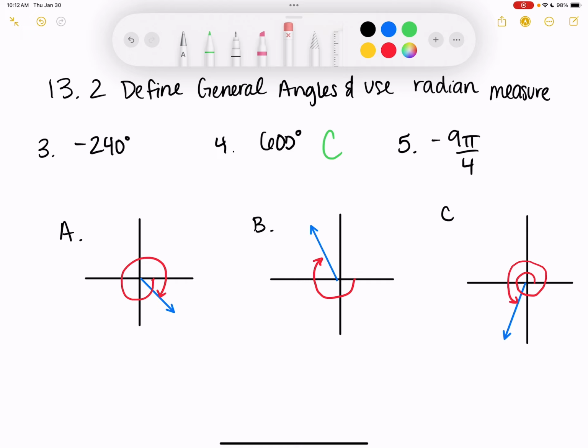So we have 360 degrees or negative 360 degrees. If I have one that only goes around a partial time, which one do you think that is? Number 3, because it's negative 240, less than 360. Yes, number 3. This is B.